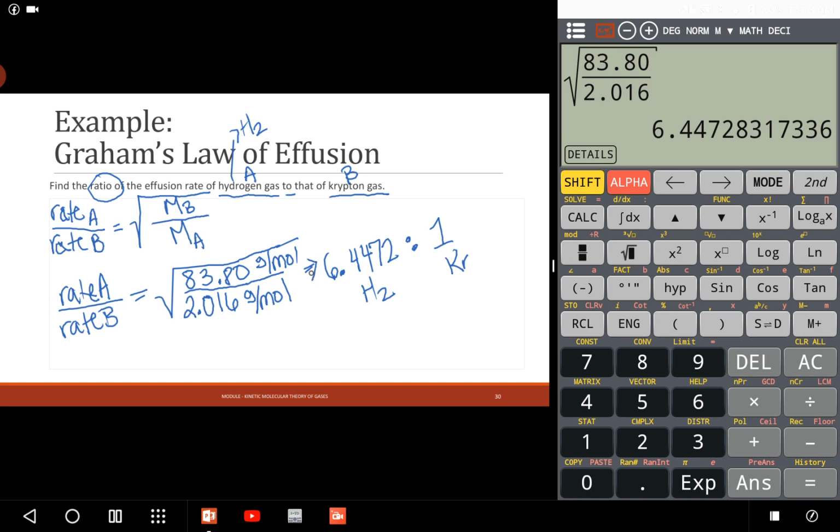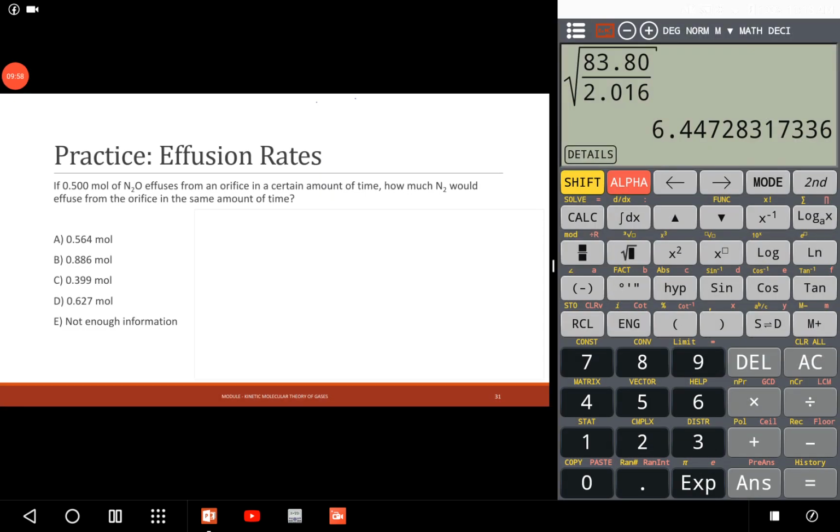So that's telling us our ratio is 6 to 1, 6.4 to 1. As far as sig figs go, I had 4 sig figs in that molar mass. So I'm just going to round this to 4, and we'll just erase the 2. There we go.